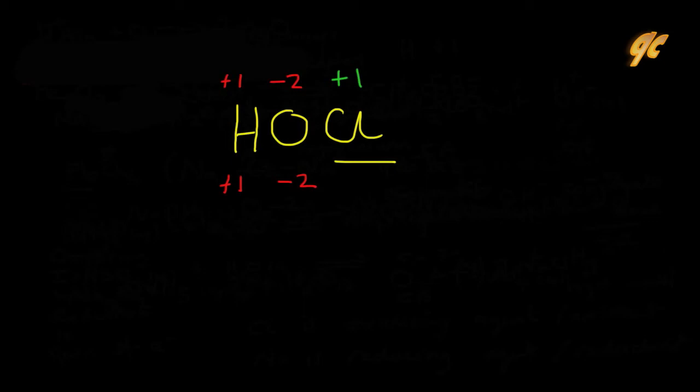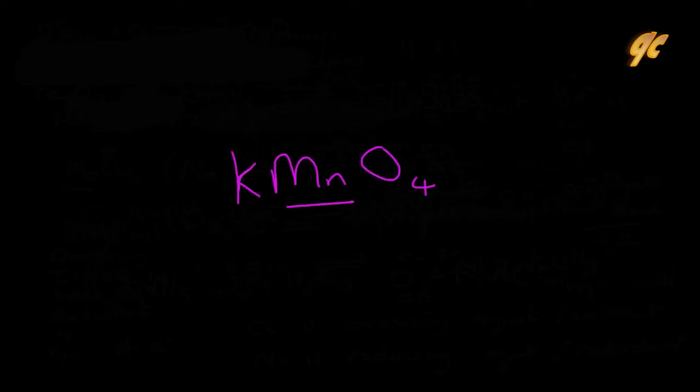Now this is different to what you already know, that chlorine's in group 7 and has a negative charge. This shows that elements can have variable oxidation states. Now let's take potassium permanganate, KMnO4. We're trying to work out the oxidation state of manganese. Potassium has got an oxidation state of +1. There's only one of them, so the total oxidation state for potassium is +1. Oxygen has an oxidation state of -2, but there are 4 oxygens, therefore the total oxidation state is -8.